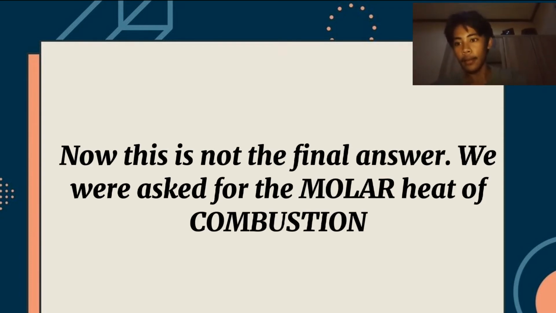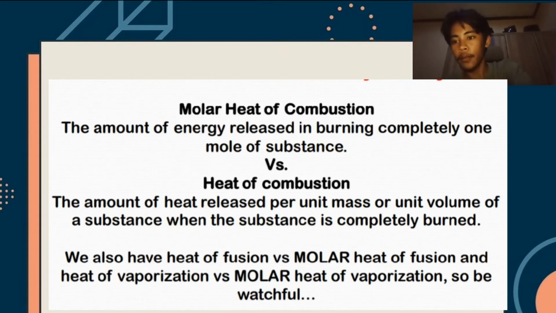We were asked for the molar heat of combustion. Molar heat of combustion is the amount of energy released in burning completely 1 mole of a substance, versus heat of combustion, which is the amount of heat released per unit mass or unit volume of a substance when that substance is completely burned.